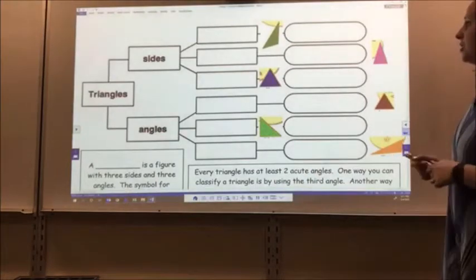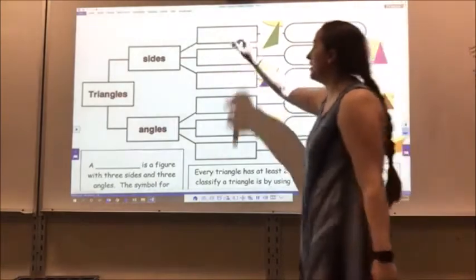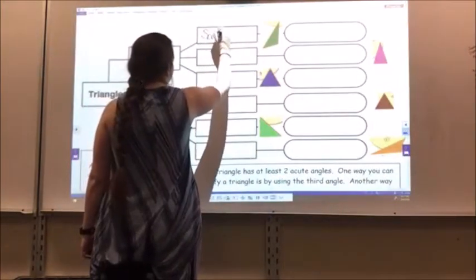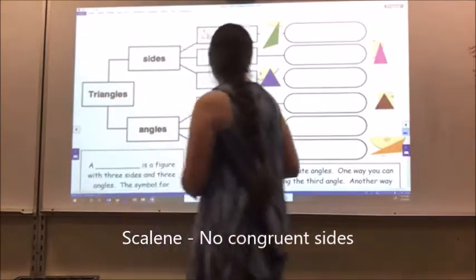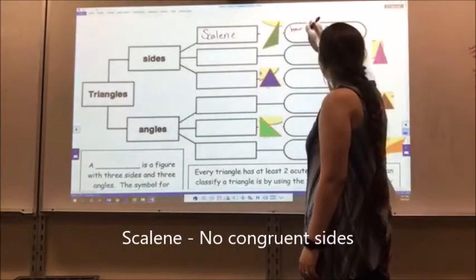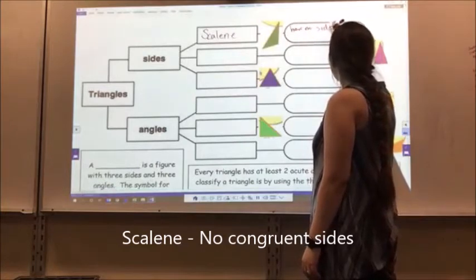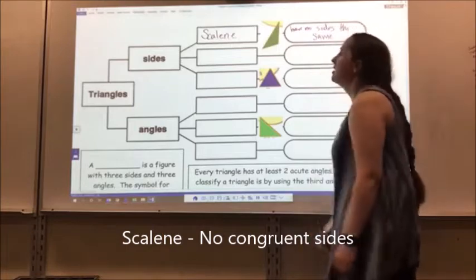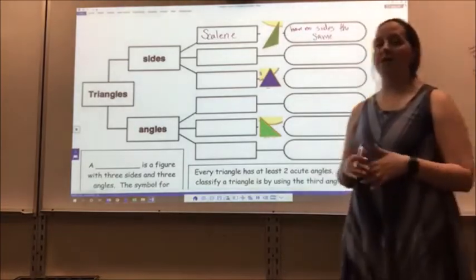In my first one, right up here, this is a scalene triangle. Scalene triangles have no sides the same.